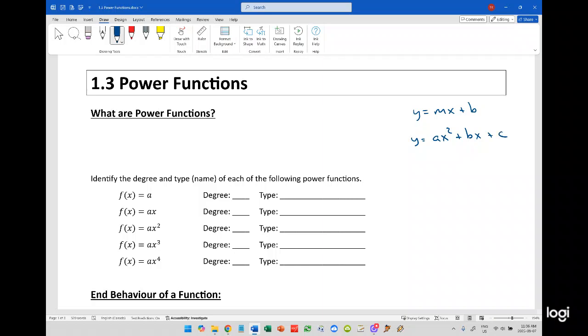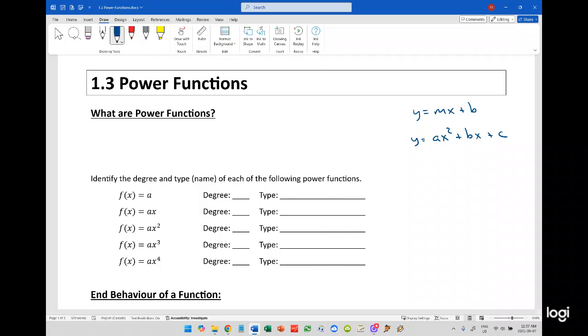And despite the fact that the coefficient variables m and b are a little bit different than the a, b, c at the bottom, they're basically in the same form of something x plus something, something x squared plus something x plus something. And I think you can imagine that as we continue, it'll be something x cubed plus something x squared, etc. And we'll just keep that pattern going.